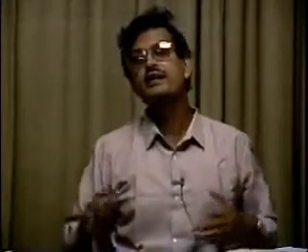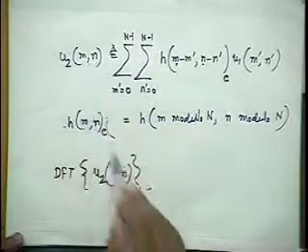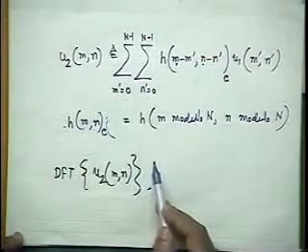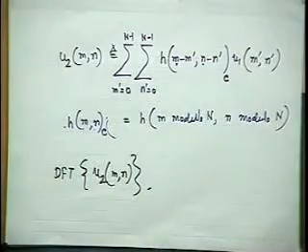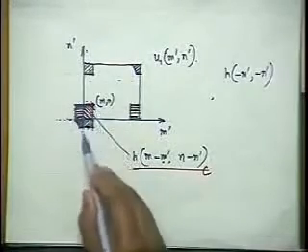Now if you want to have a convolution over the entire image, what you have to do is compute this u2 mn for the entire image space, that means for m equal to 0 to n minus 1, n equal to 0 to n minus 1 space.